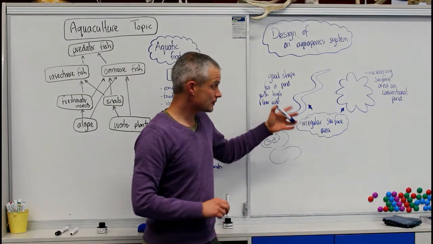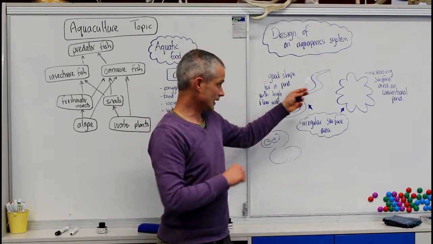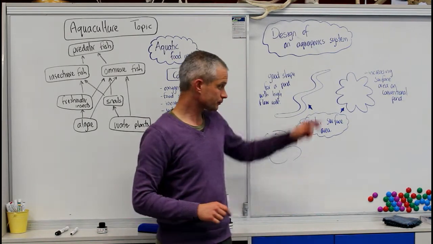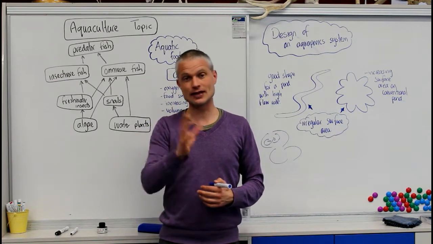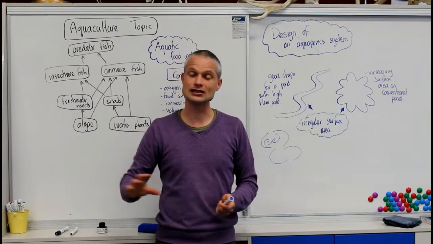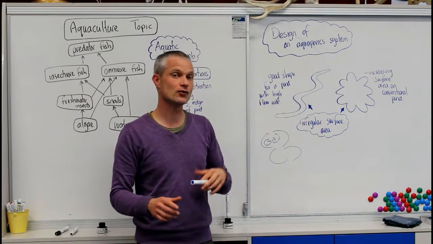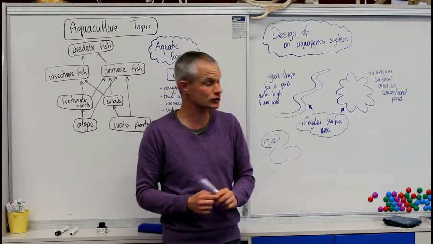Some of the shapes that can influence production, if it's quite a high flow rate through that water system, a more sigmoidal shape that imitates the natural bending shape of a river will help create a nice laminar flow of water through that system, so that there's not too much turbulence that can stress the fish.